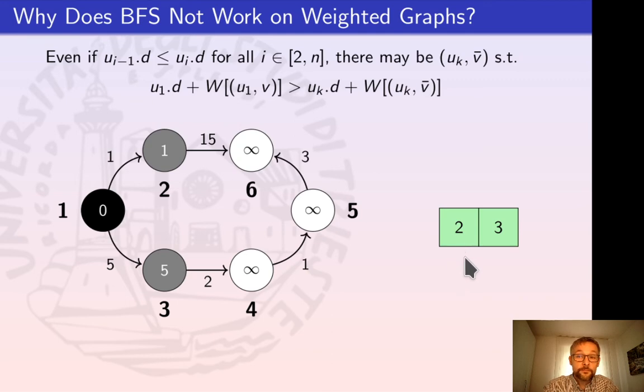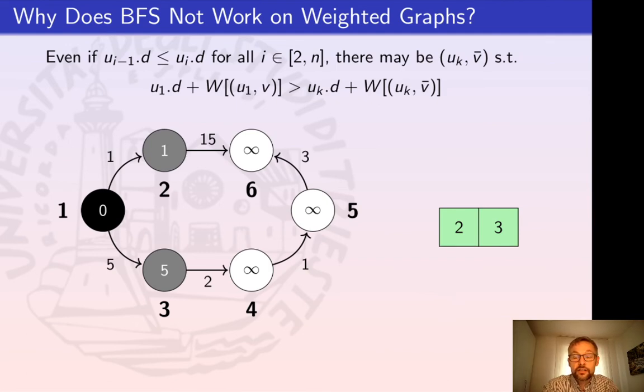But if we do it, we end up selecting this node because it's the only one reachable from 2, and we label 6 as reachable from 1 in 16 steps. So the distance from 1 of 6 is 16 if we apply the BFS-like visit.